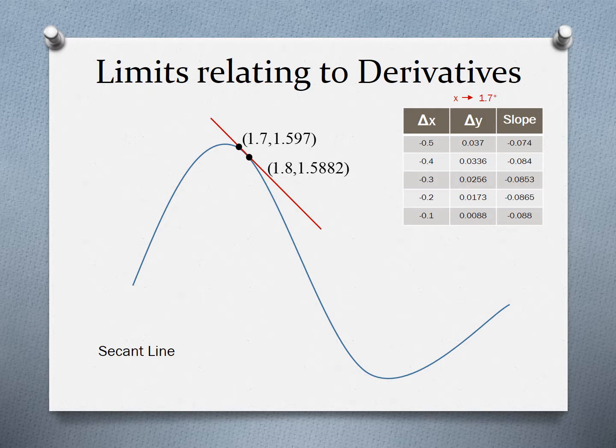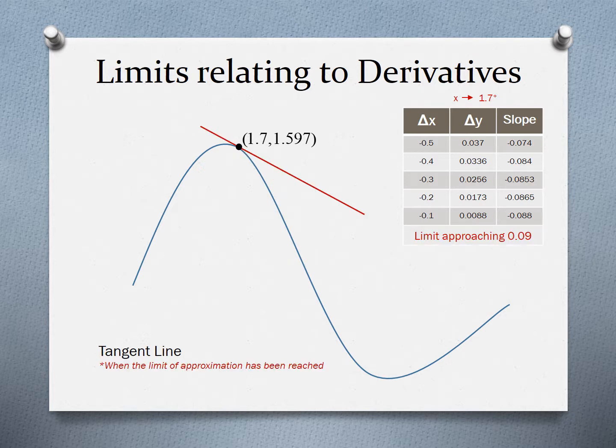So I continue to get closer. Again, I could do this to infinity, getting closer and closer, but we already see what's happening to the slopes of the line. It's really not changing that much, to the point where am I going to reach a limit? And that is what we describe as the limit.